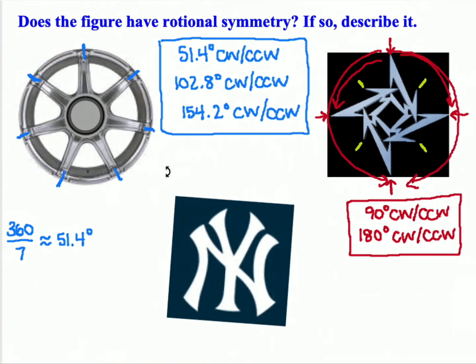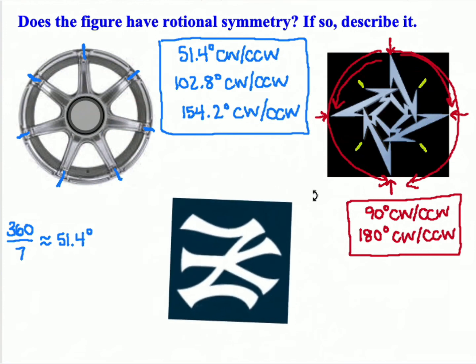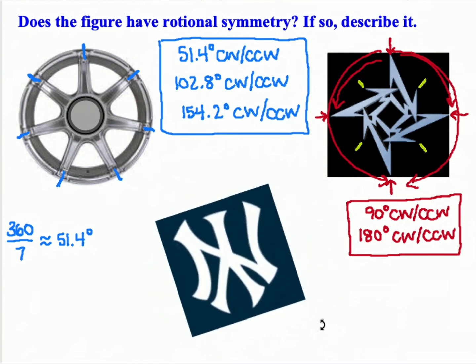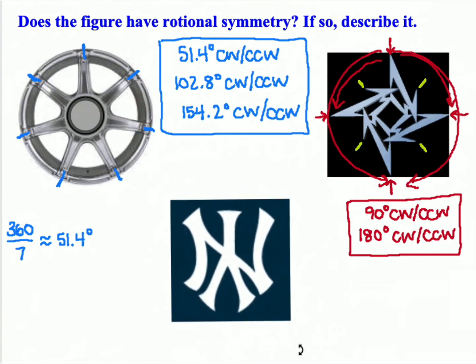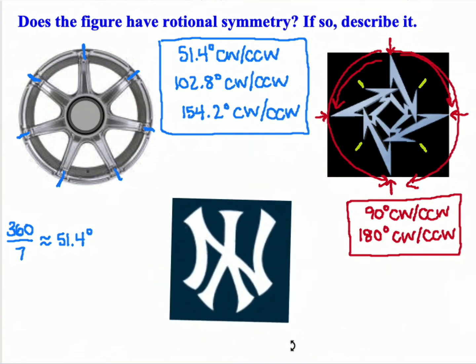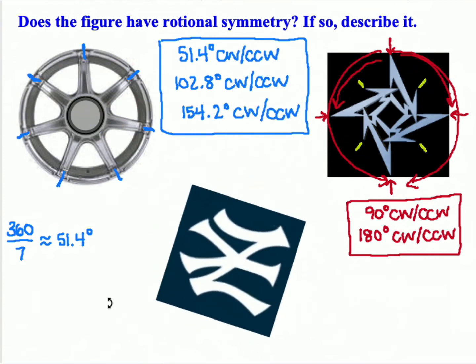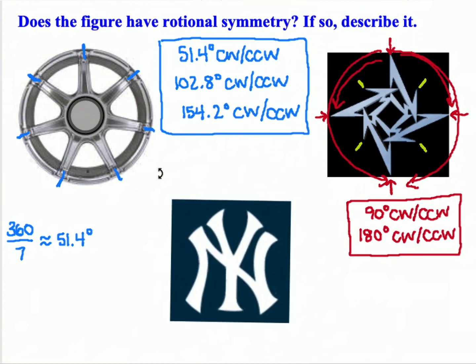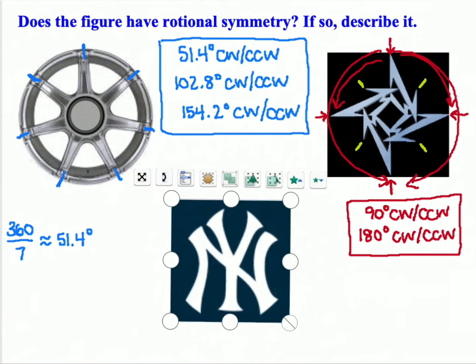Let's take a look at this Yankees logo. How far do I have to turn it before it looks like itself again? Well, by 180 degrees, once I have it turned upside down, that N still looks like an N, but the Y doesn't work, right? So how far would I have to turn it before it looks the same? I would have to turn it all the way around.